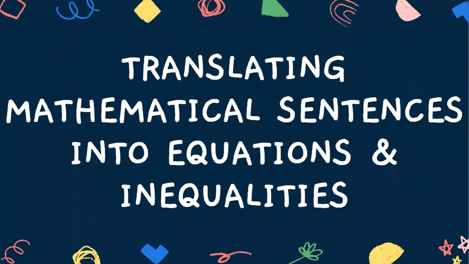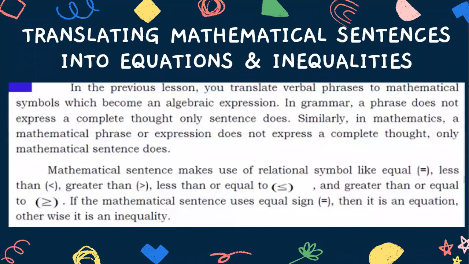So first, translating mathematical sentences into equations and inequalities. In our previous lesson, we translate verbal phrases to mathematical symbols, which become an algebraic expression. In this lesson, we're going to translate mathematical sentences.